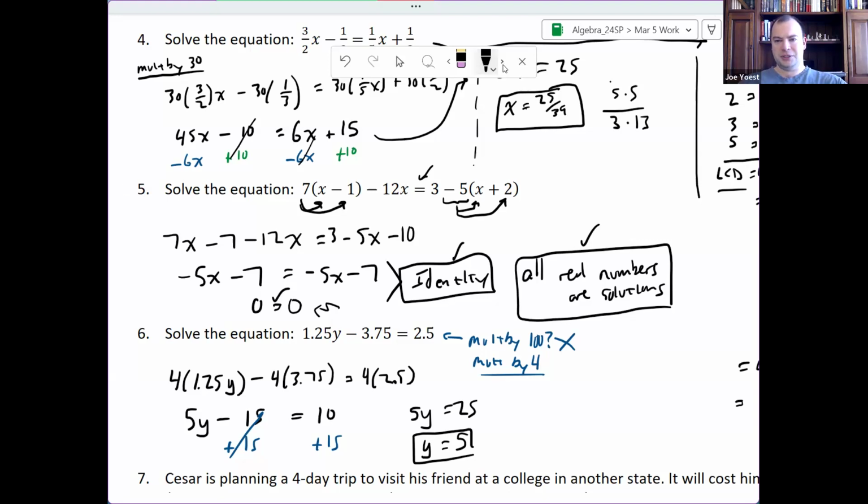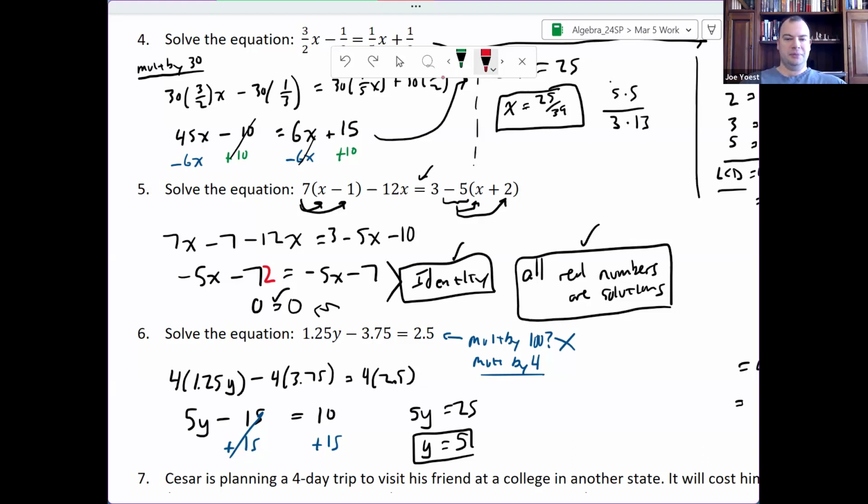If we had, let's just say, for instance, gone through and got something like negative 5x minus 72 equals negative 5x minus 7, what about this? Well, this is always false. This is a contradiction.